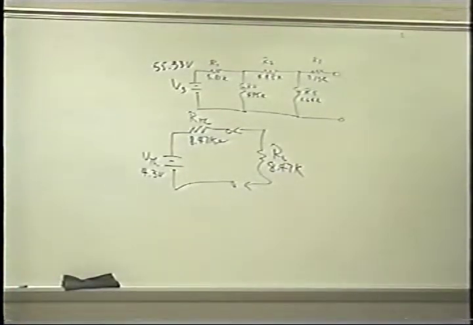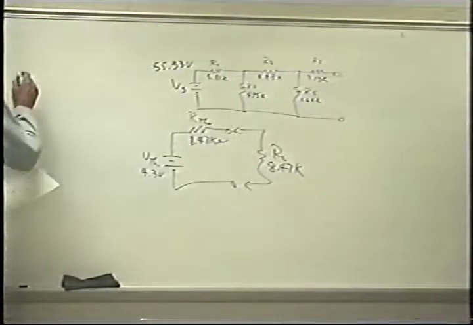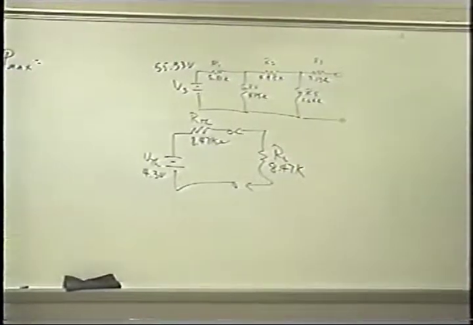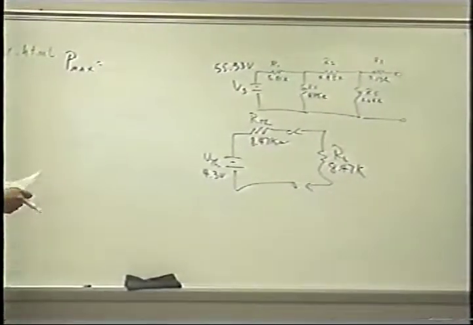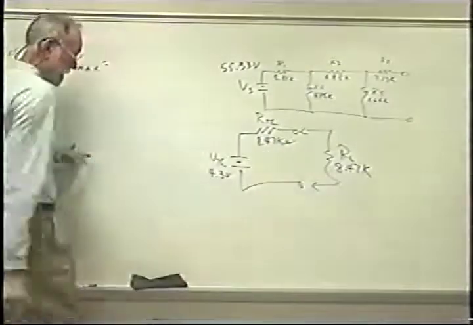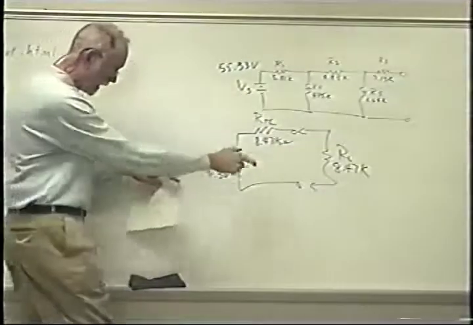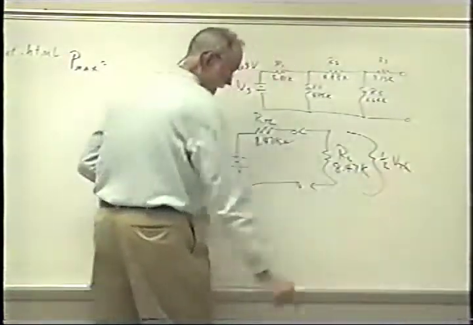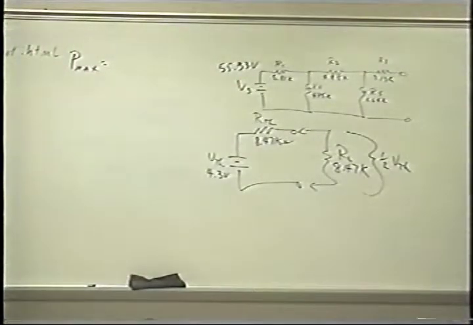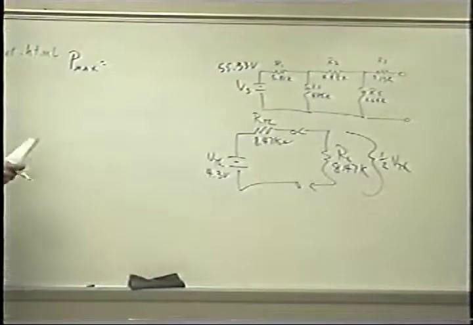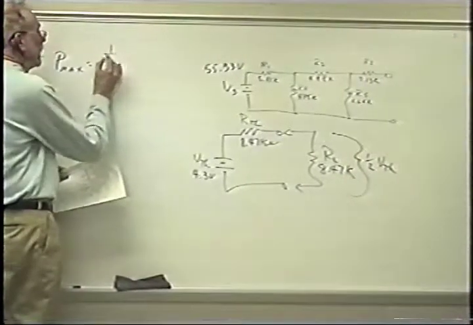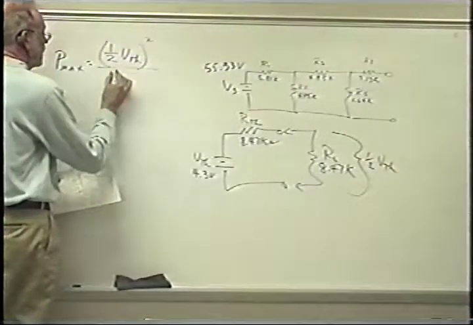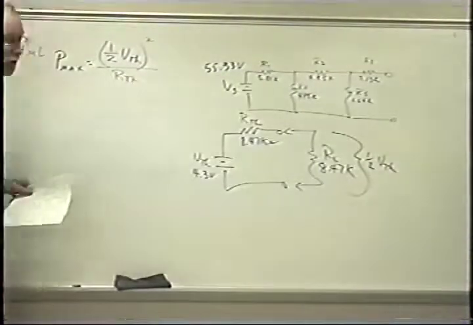Now then, what is the maximum power? Since RL equals RTH, I know that I will have 1/2 VTH across that load, since those two resistors are equal. Therefore, I can calculate my maximum power as 1/2 VTH squared divided by the value of RTH.